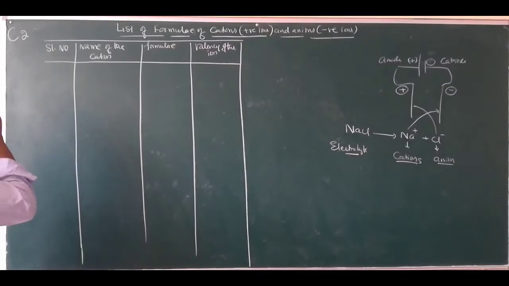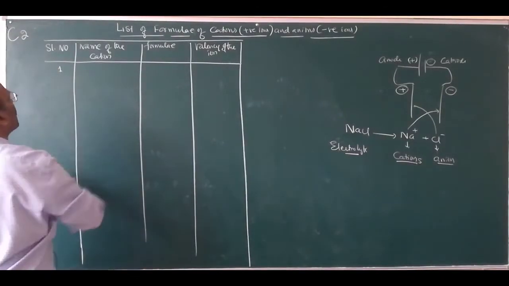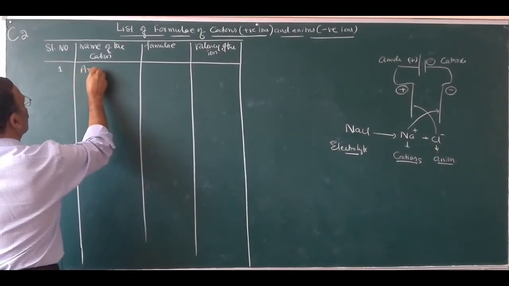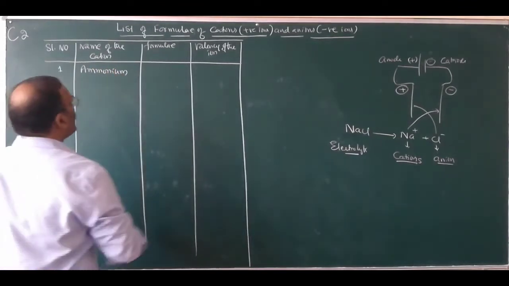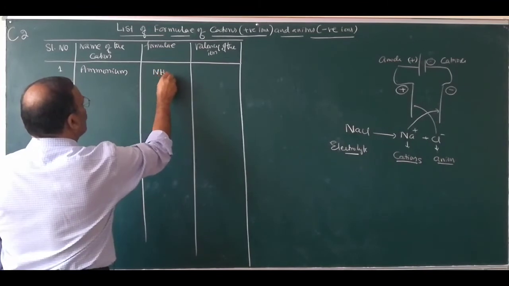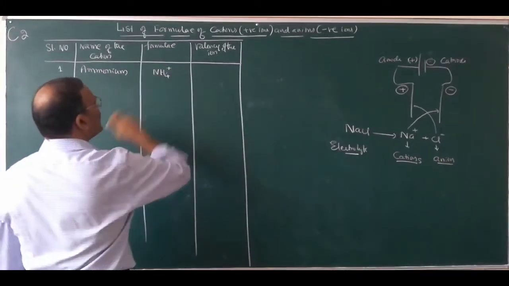Serial number 1, the first cation is ammonium. What is the formula of the ammonium ion? NH4 plus. What is the valency?